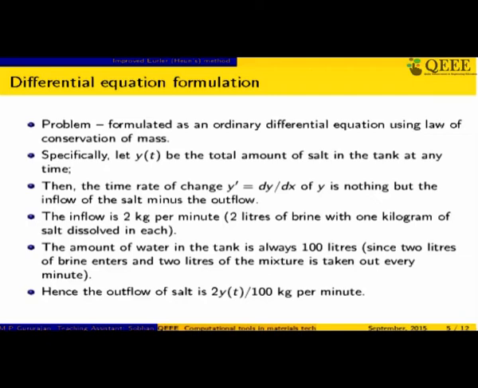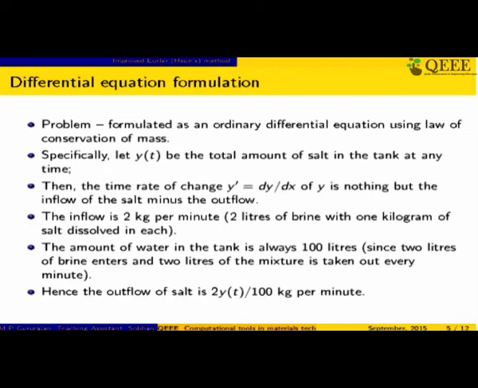So inflow is 2 kilograms per minute, and the amount of water in the tank is always 100 liters, because 2 liters enter and 2 liters leave. So outflow is 2 times the salt concentration at that particular time, y divided by 100, kg per minute.